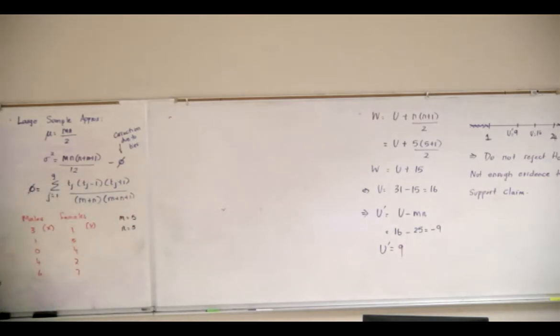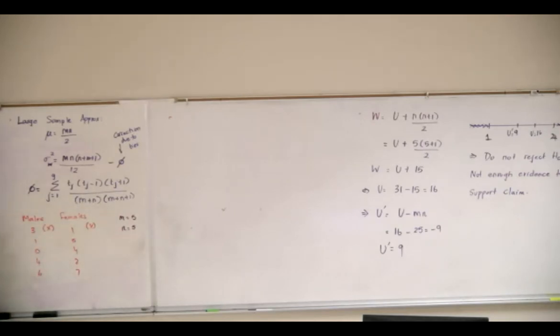But the interesting part, though, is that this correction applies only to the statistic W, but not to U. If it applies only to W, and if you go back and look at the Wilcoxon signed rank test, we took a similar approach.